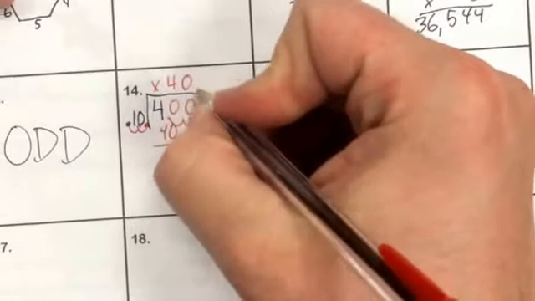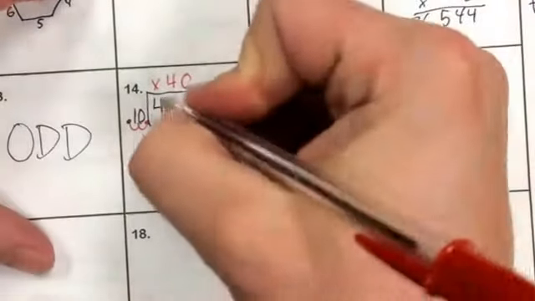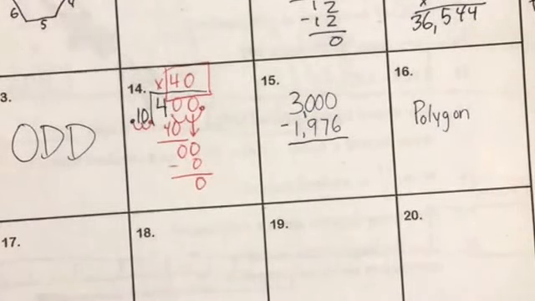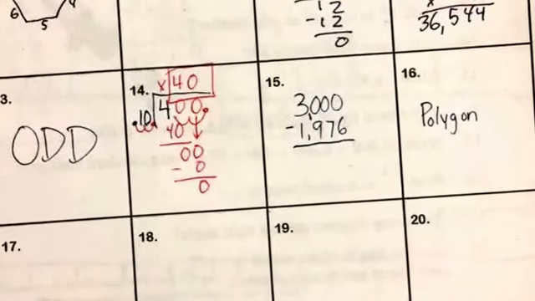So I can see that there are 40 dimes in $4. And that makes sense because each dime is worth 10 cents. So 10 times 40 gets me 400 cents. And I know that there's 100 cents in a dollar. So 400 divided by 100 gets me $4.